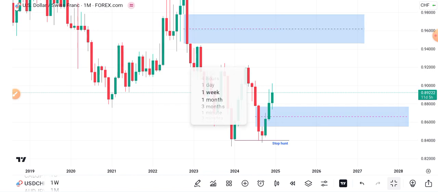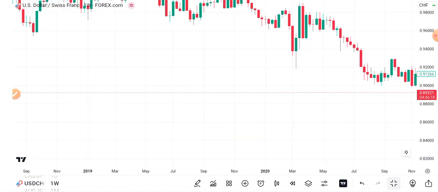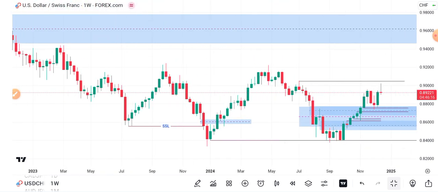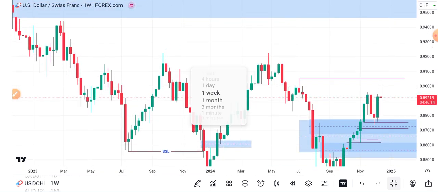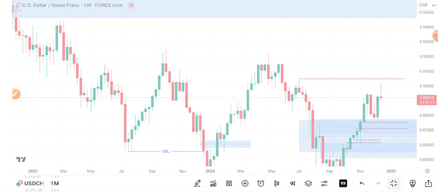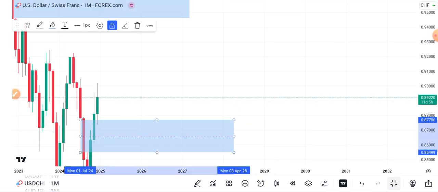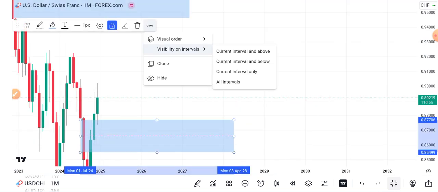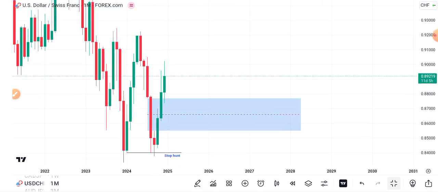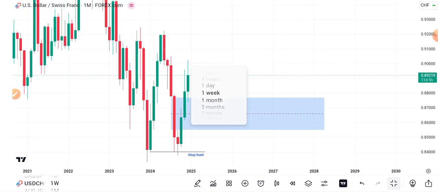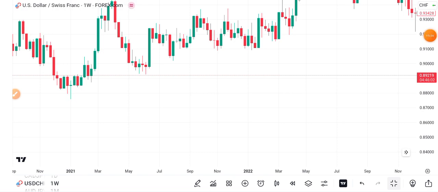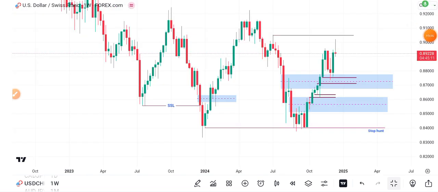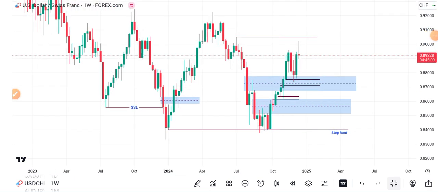So on the weekly time frame, is there anything else we would love to see? Okay, this is the weekly time frame. All right.